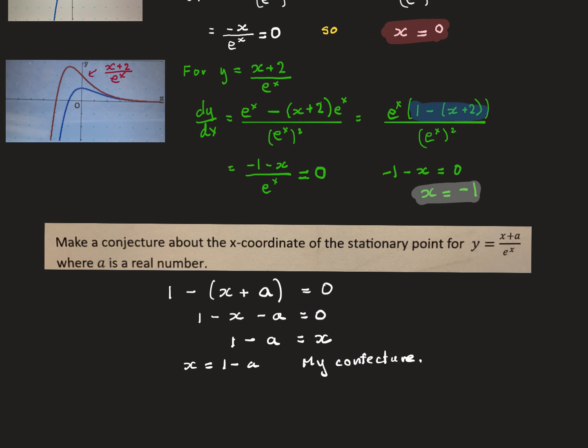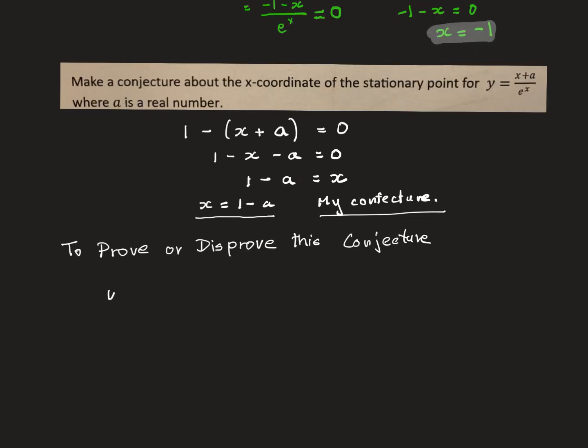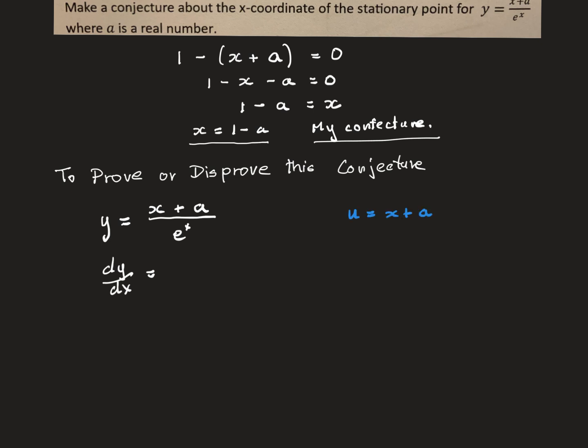And by cheating, I mean go to the next question, which they ask for you to prove or disprove this conjecture. And to do this, I will now take this function where I have x plus a over e to the x, and I will now differentiate this particular function. So I'll say that u is equal to x plus a, and u dash is 1, v is equal to e^x and v dash is also e^x.